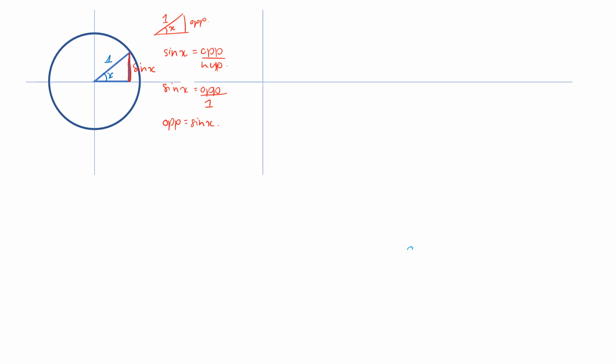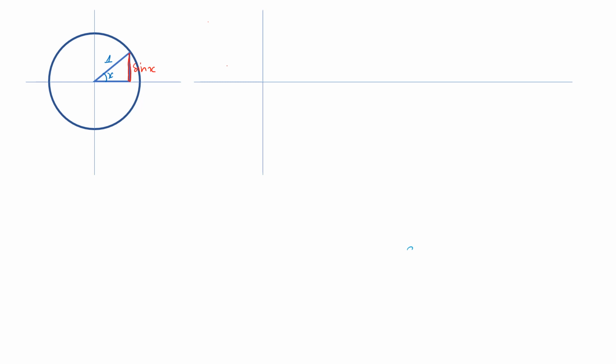So by exploring what happens to the height of the triangle, I'm hopefully going to be able to generate the curve for sine of x. So let's start with a super small angle, basically so small that the triangle is almost flat to the horizontal axis, in which case our height is going to be exceptionally small.